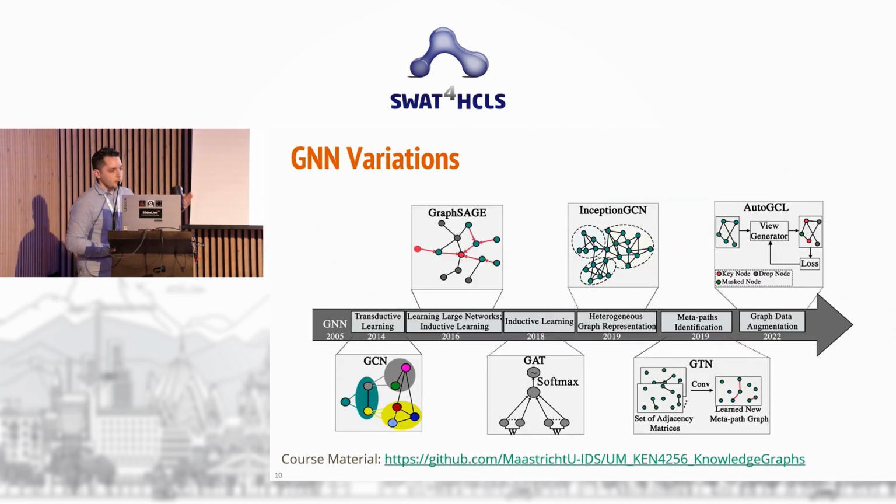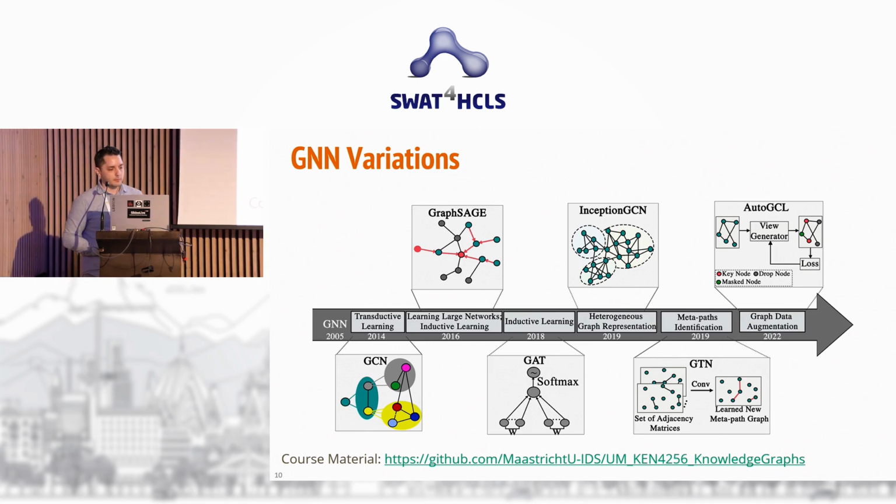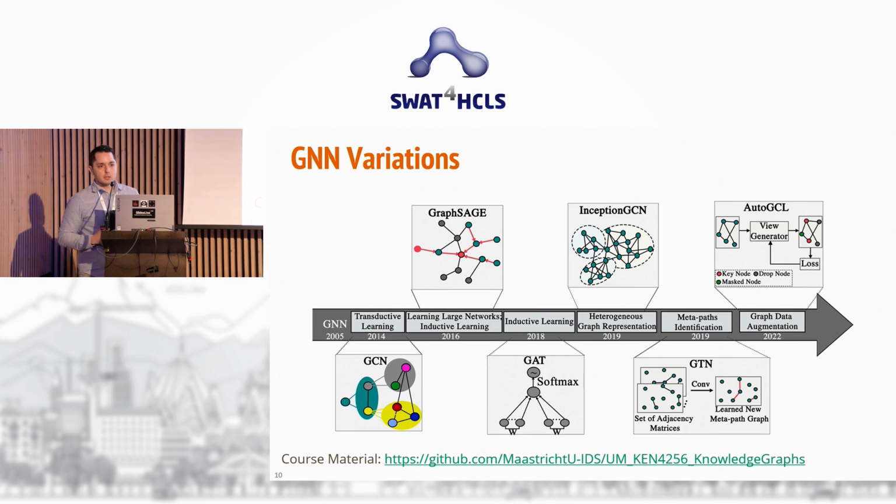So, the history of GNNs: this kicked off around 2005, but really around 2015, 2016, there was a paper that came out by Kipf and Max Welling, and people following that started doing variations on top of it and adding attention.